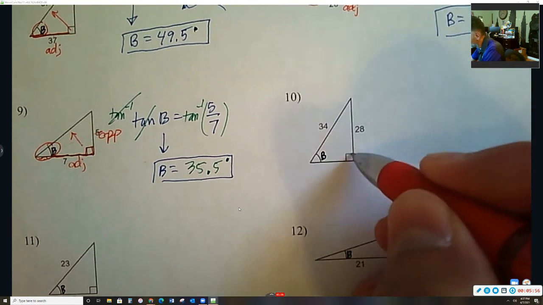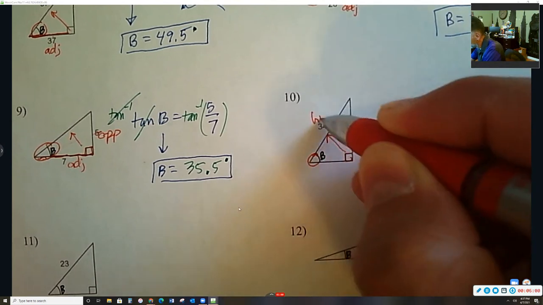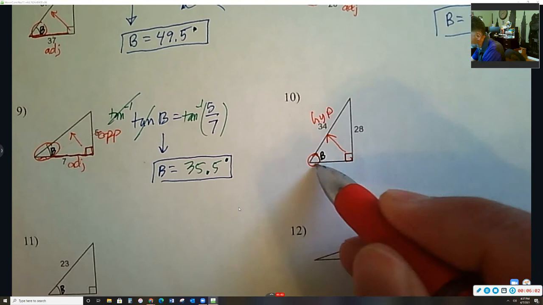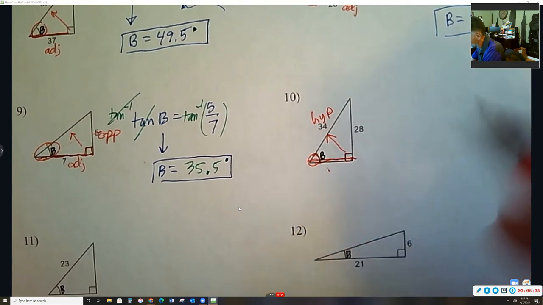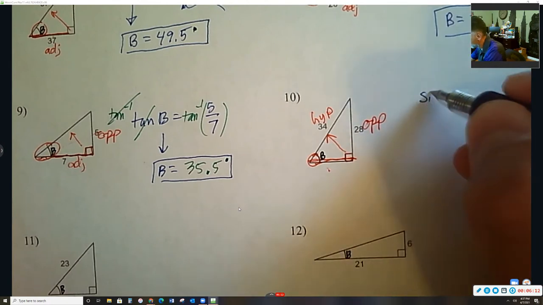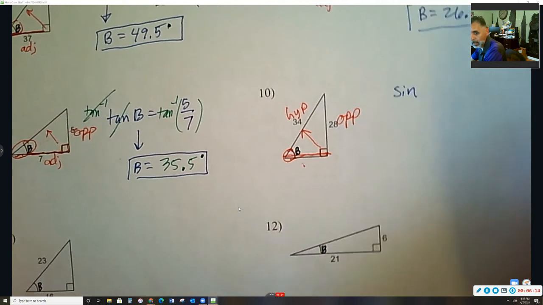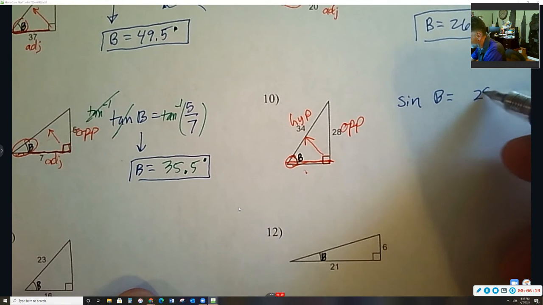So number 10, again, here's my angle. I do have info about this guy, which is the hypotenuse. This side that's down here touches angle B, so this is the adjacent side. This one must be the opposite side. Opposite, hypotenuse, you should think sine ratio. So I know sine of angle B is equal to the ratio opposite over hypotenuse.